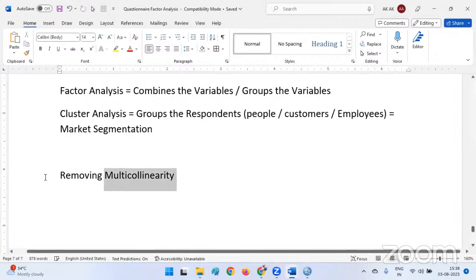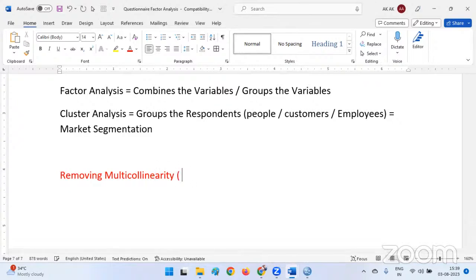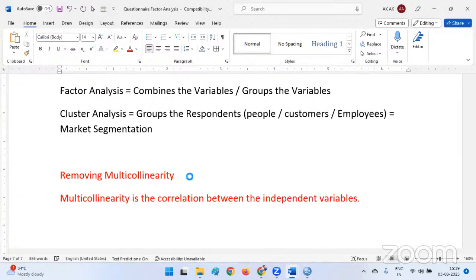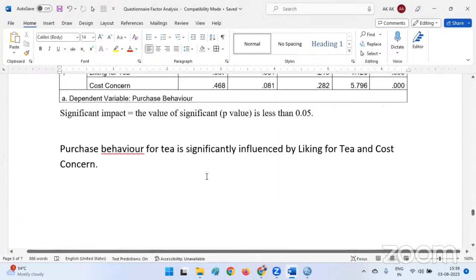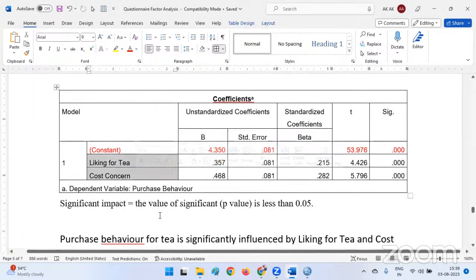Removing multicollinearity is also a very important feature of factor analysis. Multicollinearity means a high degree of correlation between the independent variables. So we had two independent variables, liking of tea and cost concern.